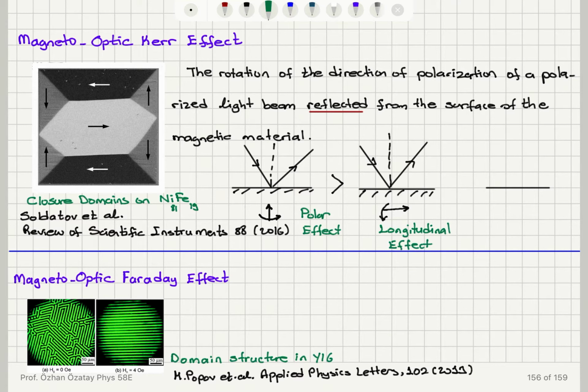The signal level is less than the polar effect, and now this signal level is comparable to this other scenario where I have the magnetization also in the plane of the film, but pointing towards us. It's almost the same thing. One is pointing in the long axis of the specimen, one is pointing in the short axis of the specimen, but still in the plane of the film, and this is called the transverse effect.